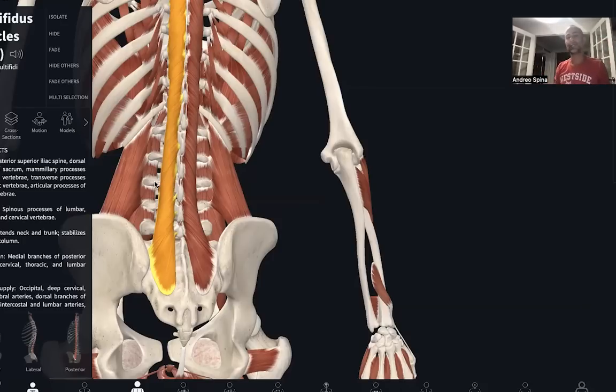But what we forget is that at this point, we're so deep into the spine that the ability for those muscles to actually create motion is very limited, because their moment arms are so small. The multifidus muscles are only about that large, and your spine, of course, is a very large structure. So the idea that those individual segments can move the spine is just not true.